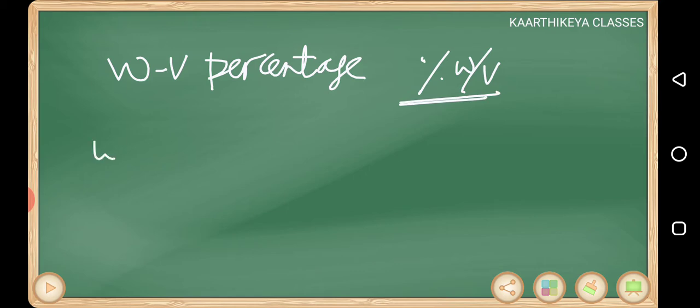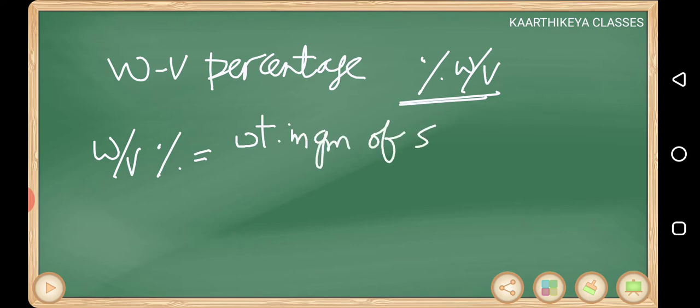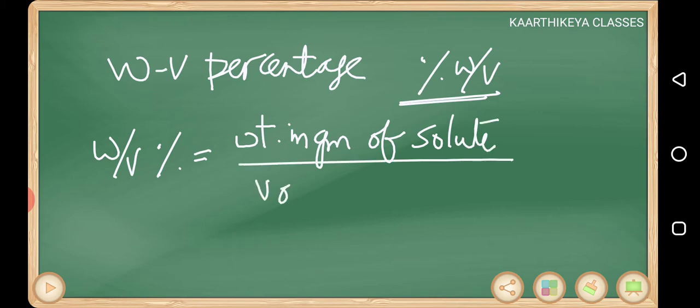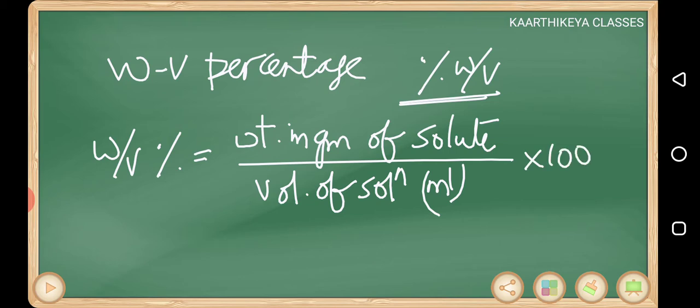Weight by volume percentage is equal to weight in gram of solute by volume of solution, generally taken in milliliters, into 100. This is weight by volume percentage.